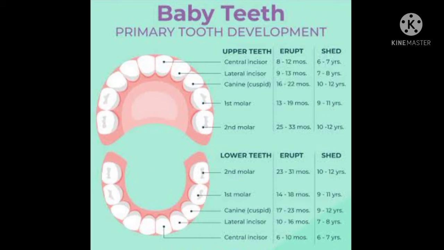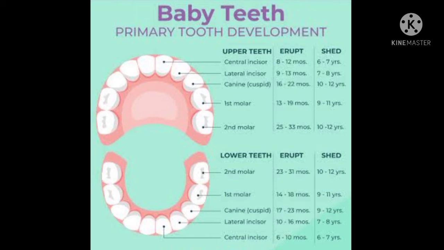Now these are the lower teeth, the teeth present in your lower jaw. The second molar erupts at 23 to 31 months and sheds off at 10 to 12 years. First molar erupts at 14 to 18 months and sheds off at 9 to 11 years.